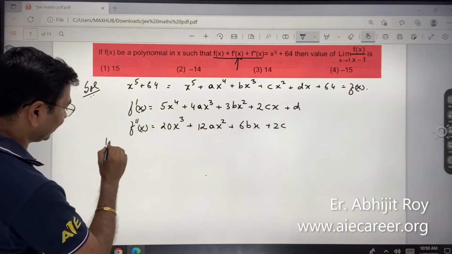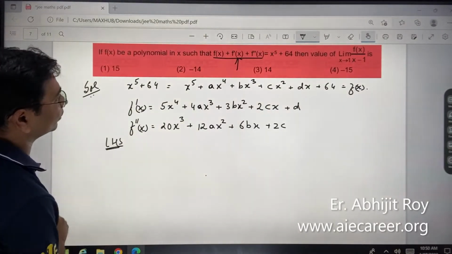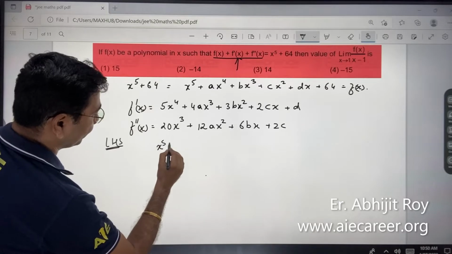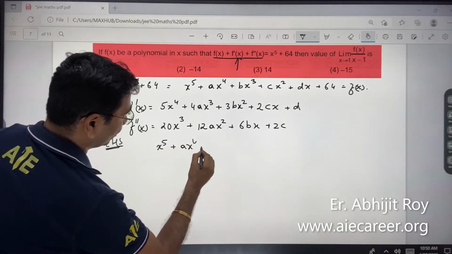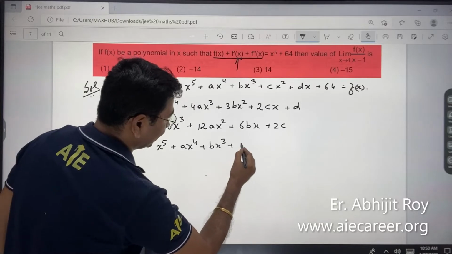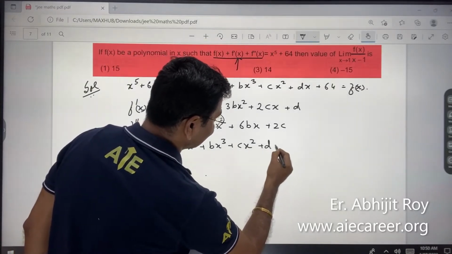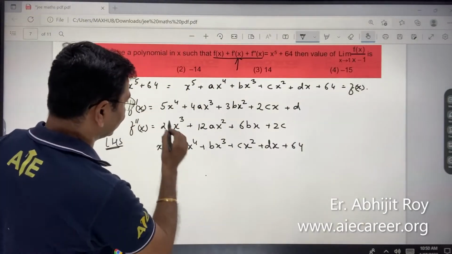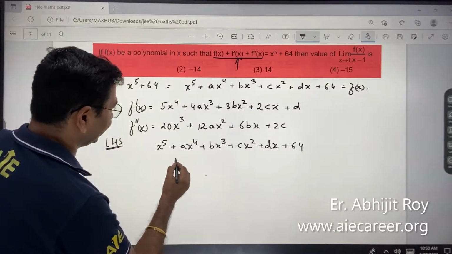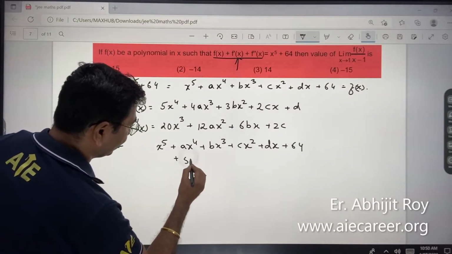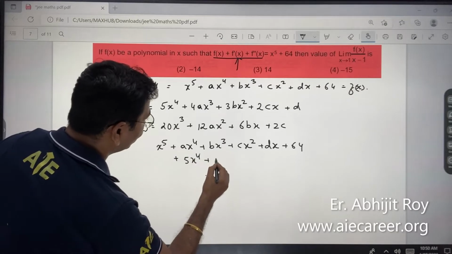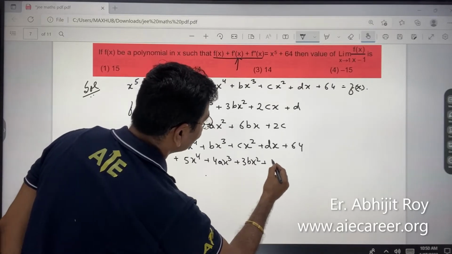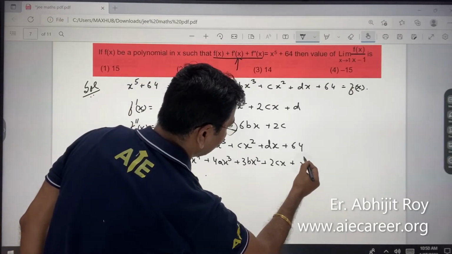Like for example, अगर मैं left hand side की बात करता हूँ तो what I'm going to do, I'm going to put my first function and that is equal to x to the power 5 plus a x to the power 4 plus b x cube plus c x square plus dx plus 64 and that will be added with the next term, right, that is single derivative. और ठीक इसी के नीचे लिखूंगा ताकि थोड़ी सी हमारी कैलकुलेशंस बच जाए, right? 5x to the power 4 plus 4a x cube plus 3b x square plus 2c x plus your d.